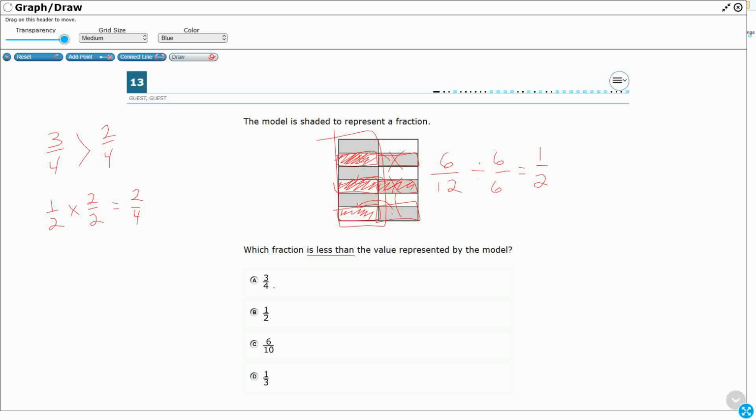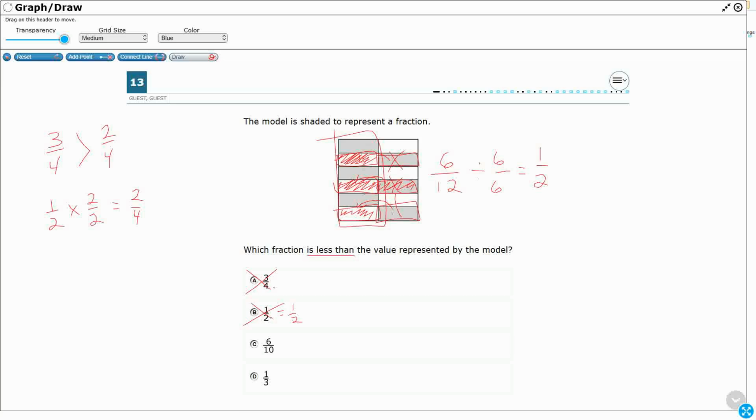That's not what I want, because I want something that is less than, and this 3/4 happened to be greater. Okay, so I've got 1/2, and I've already checked that out. So 1/2 is equal to 1/2. I don't want one that's equal to 1/2. I want one that's less than 1/2.